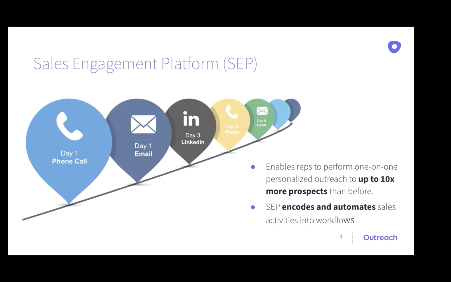So we organize all those sales activities into sequences, as you can see. Our work is basically to bring automation and intelligence into the activities of each sequence to make salespeople more efficient and more effective.